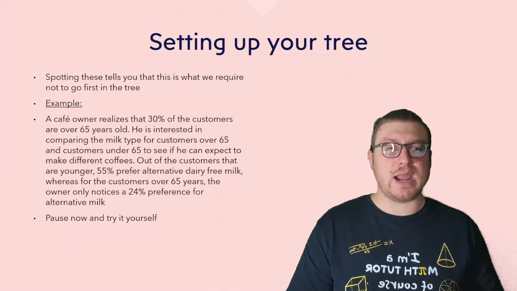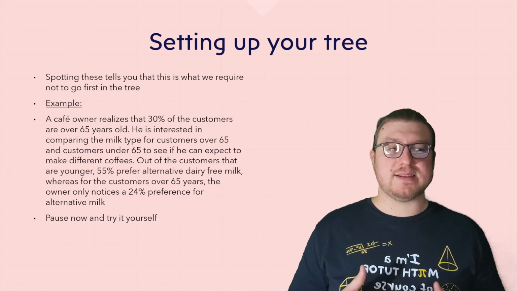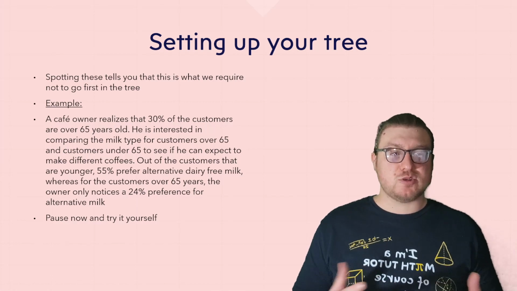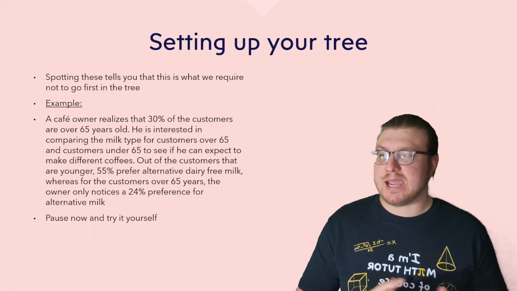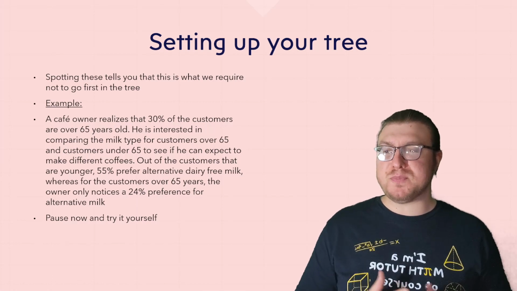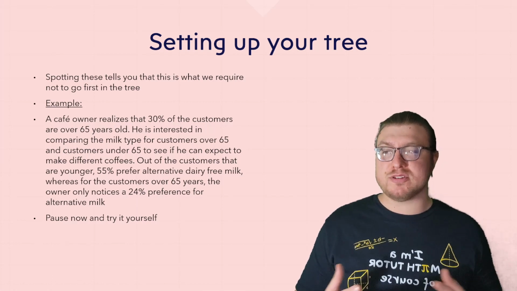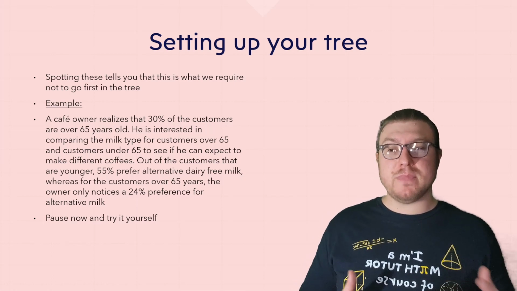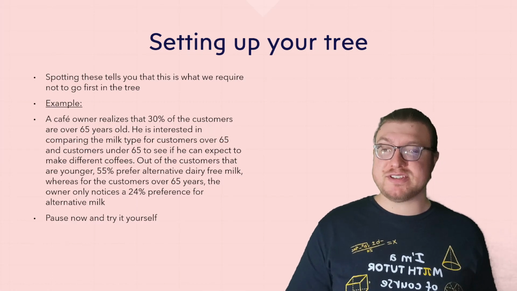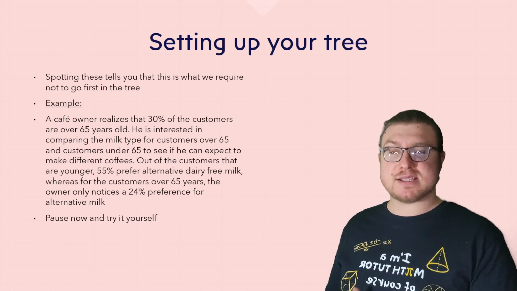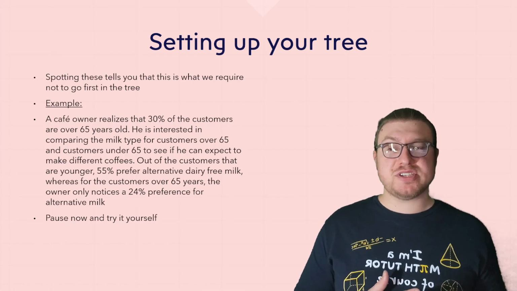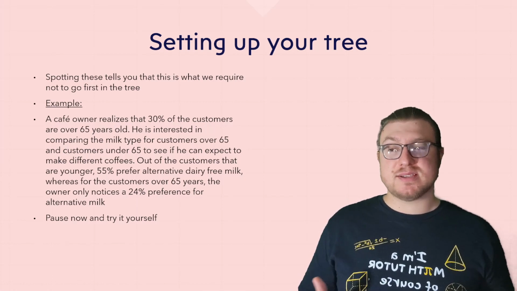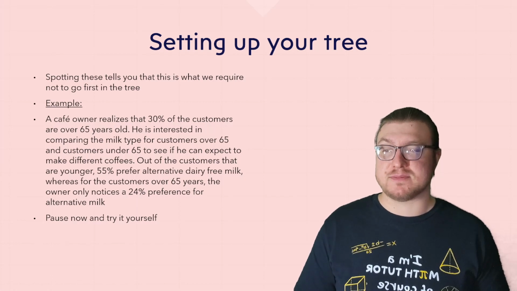So let's have a look at spotting some of these and see what they tell us. Let's do an example. A cafe owner realizes that 30% of the customers are over 65 years old. He's interested in comparing the milk type for customers over 65 and for customers under 65, to see if he can expect to make a difference between the coffees.